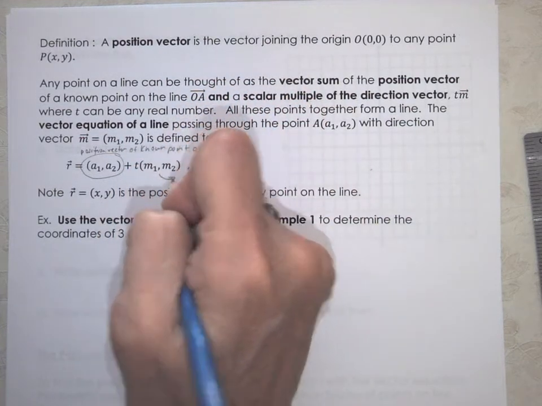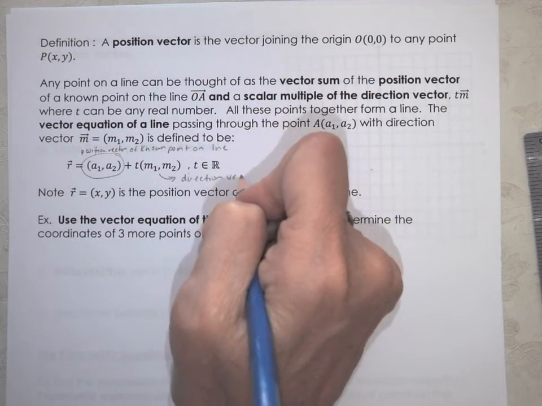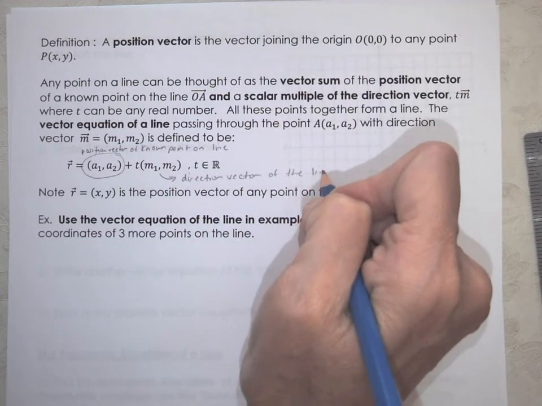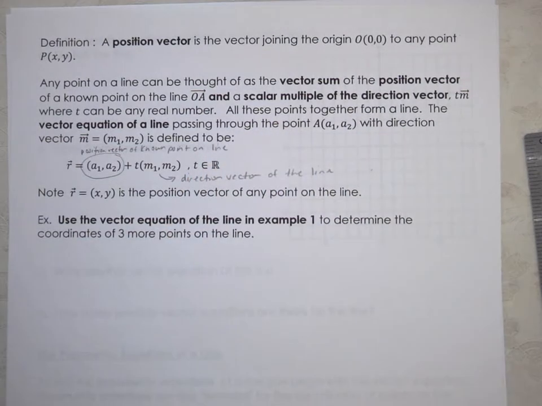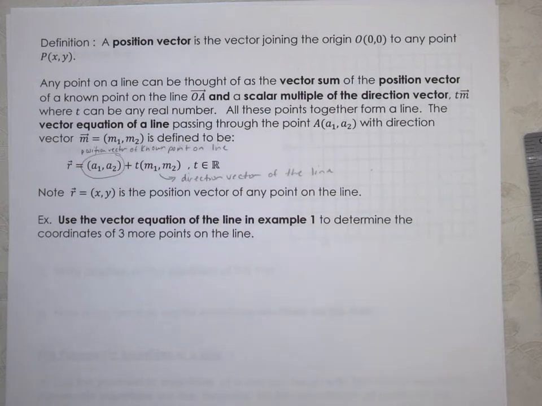And (m1, m2) is called the direction vector of the line. And t can take on any real number, and it's called a parameter. So note, vector r is also (x, y). It's the position vector of any point on the line.